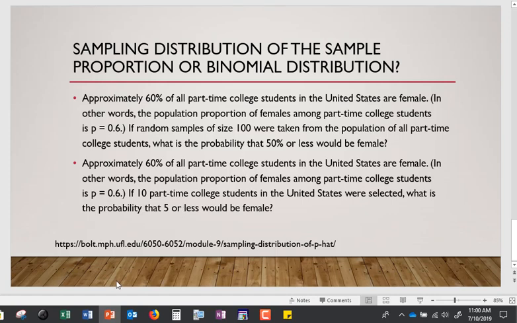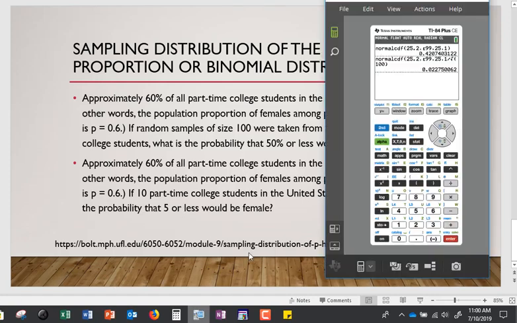So what we're going to do is use that first rule. N, sample size, times P, population proportion, times 1 minus P. If that value is greater than or equal to 10, then you're working with a sampling distribution of the sample proportion. So the first one is a sampling distribution of the sample proportion.